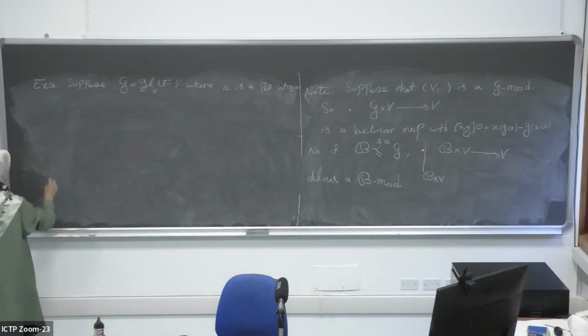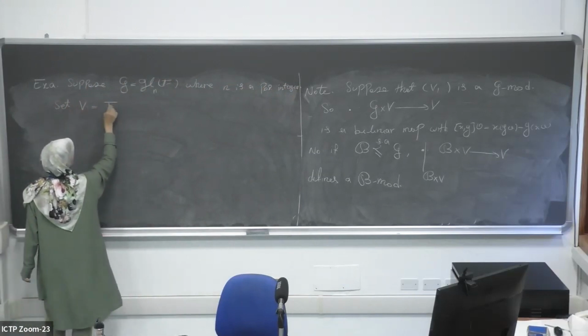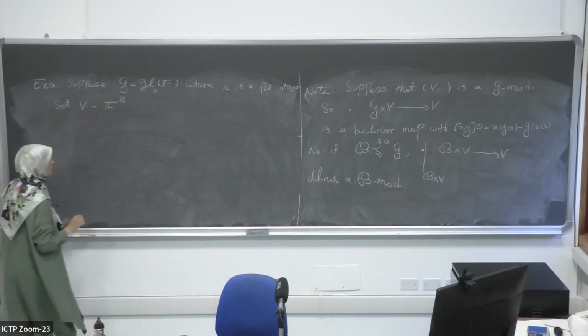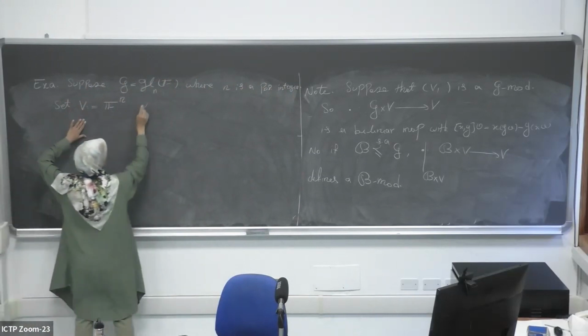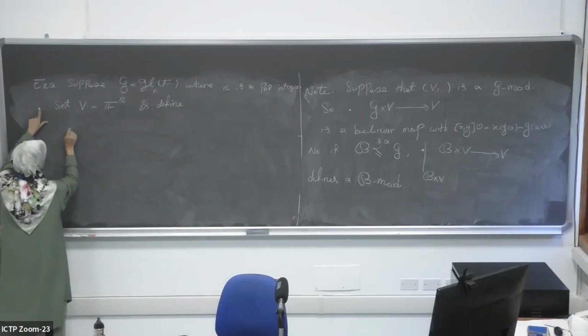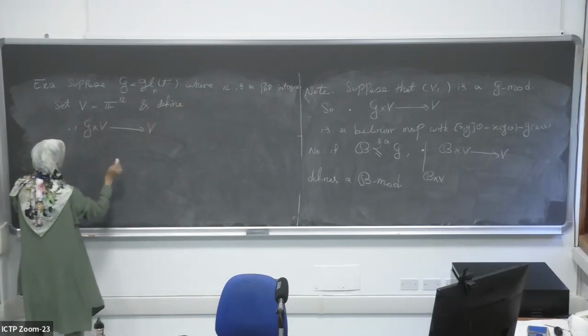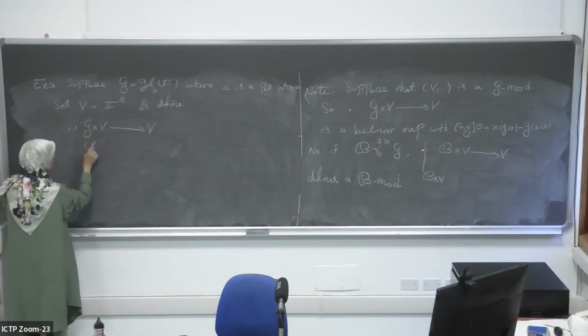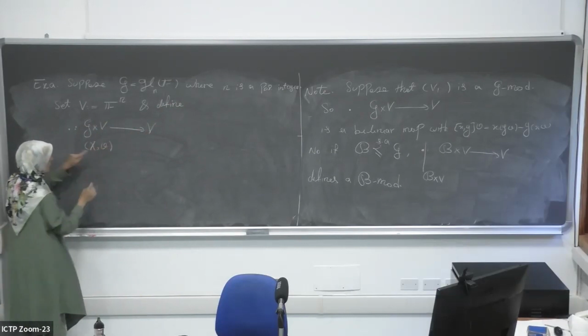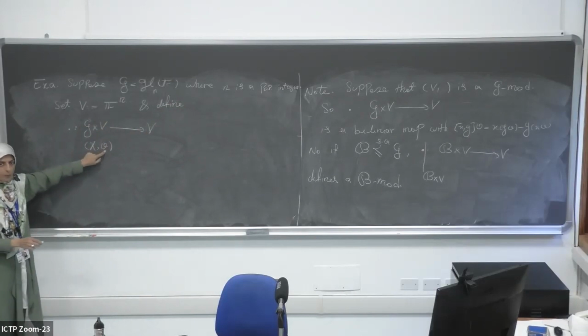Set V to be n tuples with entries in F and define dot from G times V to V in a natural way. I get X and V. X is an n times n matrix and V is an n tuple.